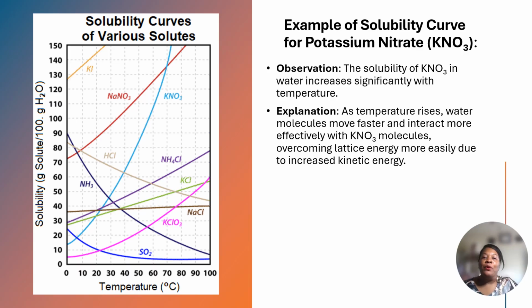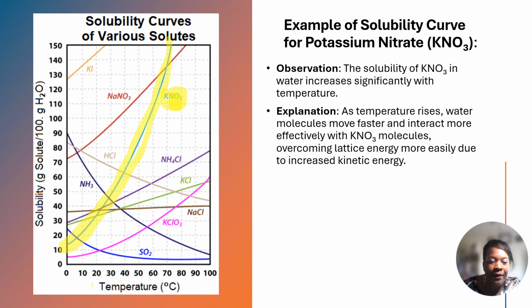Let's take an example of the solubility curve for potassium nitrate. As you guys can see, it's listed right here on the curve, and I'm highlighting it now so you all can see that. Right there is that bluish line, okay? So what you can observe is that the solubility of potassium nitrate, KNO3, in water increases significantly with temperature.